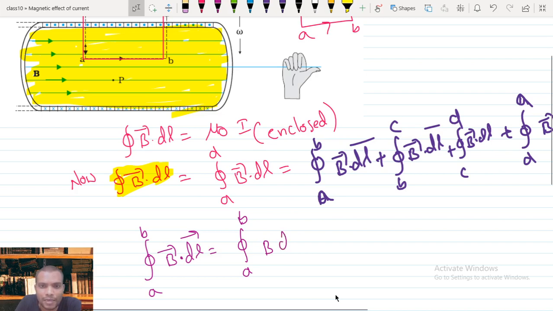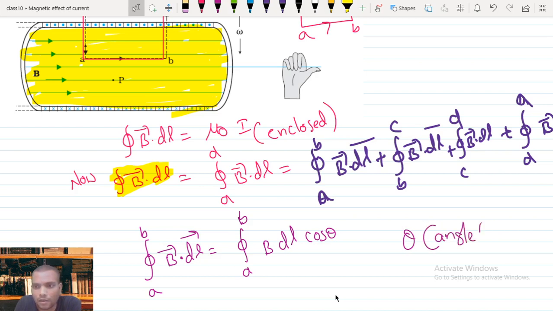So I can write B dl cos theta, because B bar and dl bar are both vectors, and the dot product of both vectors goes to B dl cos theta. Here theta is the angle between magnetic field B bar and elemental length dl.